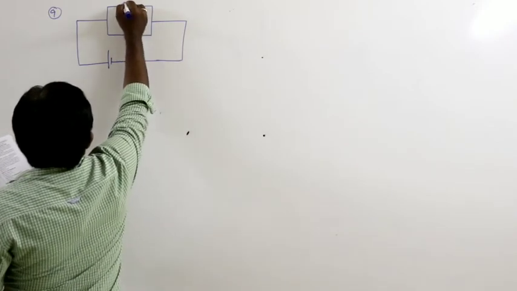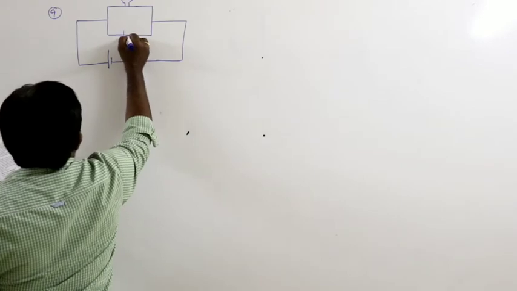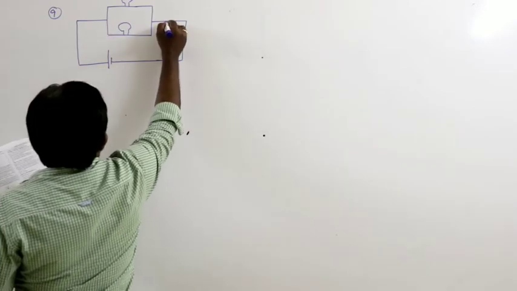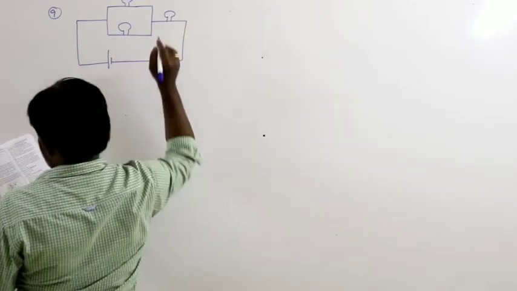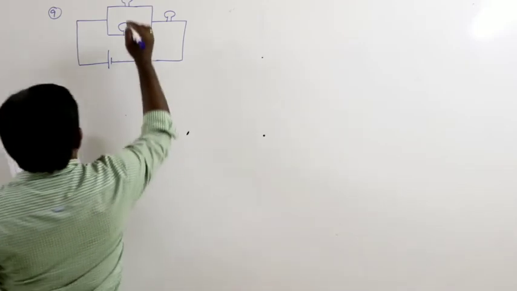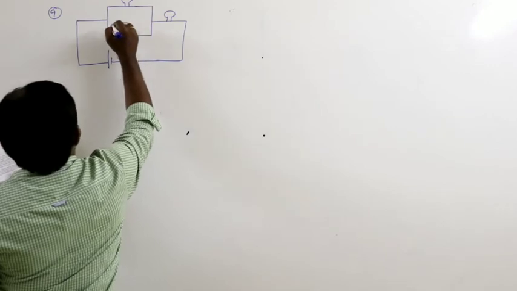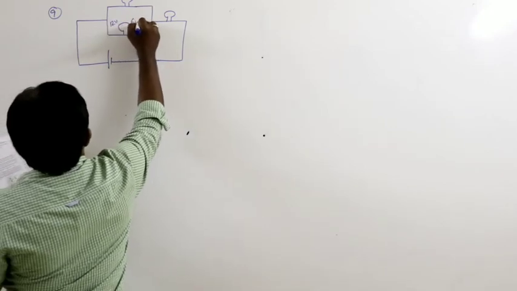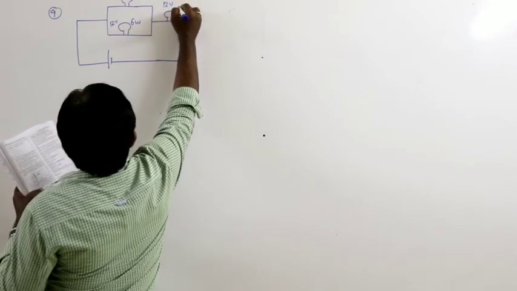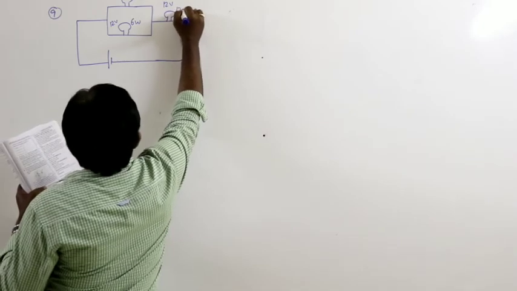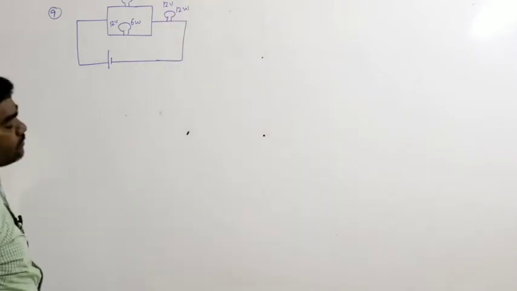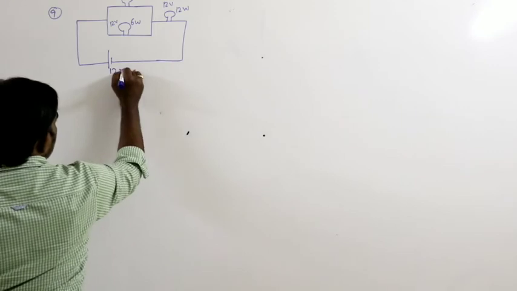Here we have one bulb, here one bulb, and here one bulb, like this. This is 12 volts, 6 watt. This is also 12 volts, 6 watts. And this is 12 volts, 12 watts. The connected voltage is 12 volts.